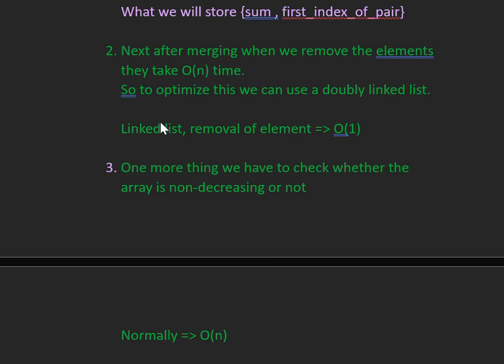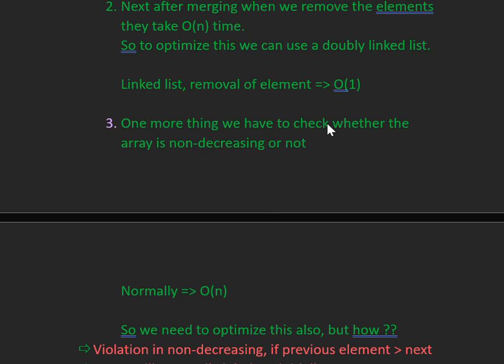As we know, in a linked list, removal of an element takes O(1) time. We just have to find the element and then shift its previous and next pointers, and then the element will be removed. So here also, using a doubly linked list, we can reduce the time complexity from O(n) to O(1), that is, constant time.